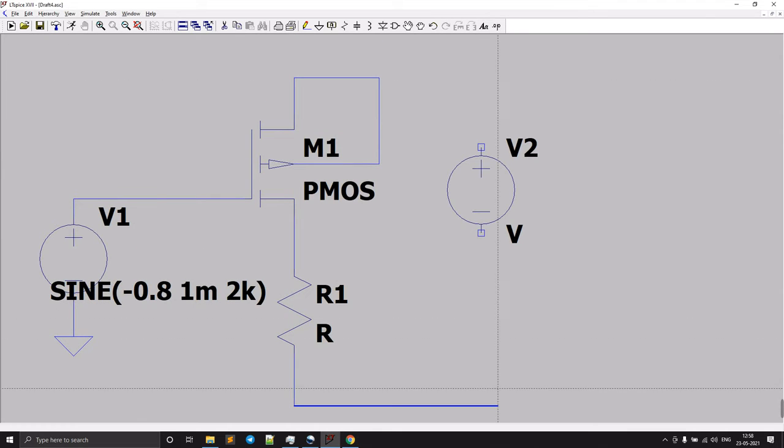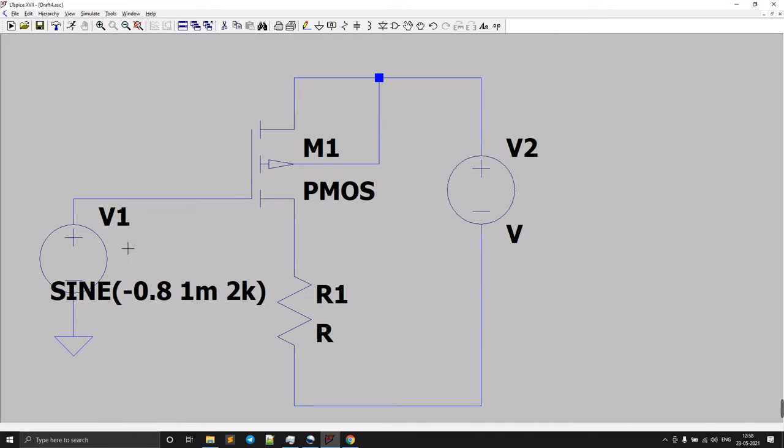I need to connect this from here to this side, and from here to here. And here this is VGS, and it is VDS.